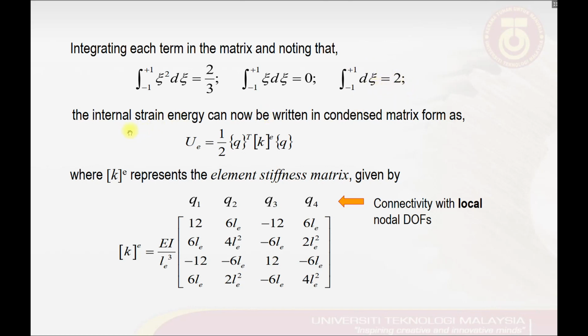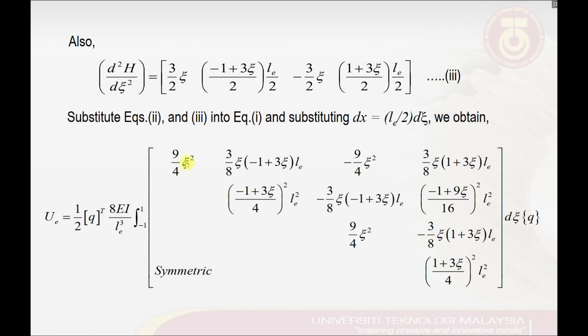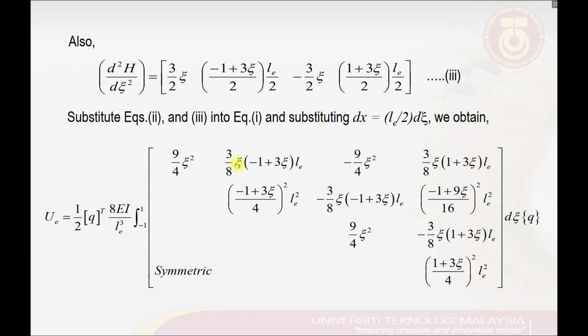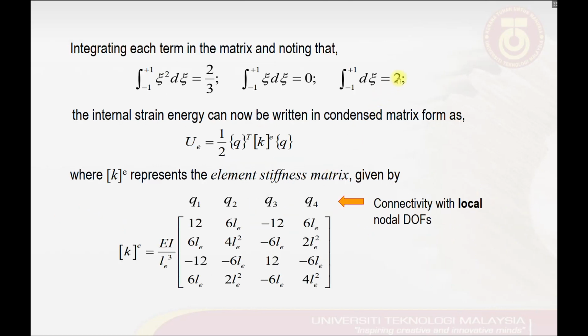So in this internal strain energy, if we substitute the z squared by 2 over 3, all the z terms by 0, and the dz term by 2, then we can rewrite this internal strain energy in a more compact, condensed matrix form as UE equal to half Q transpose K Q, where, if you organize the equation nicely, you find that K is this 4x4 matrix.